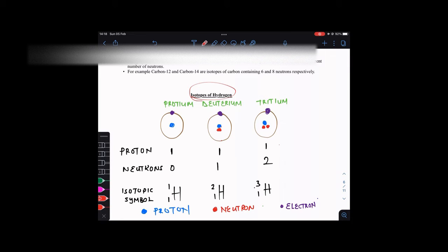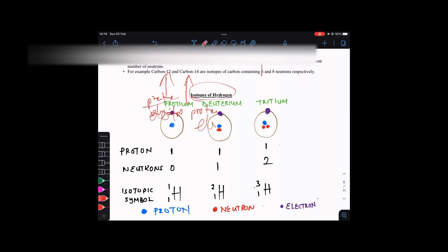They contain 6 and 8 neutrons respectively, but the same number of protons and electrons. What's different is the number of neutrons.